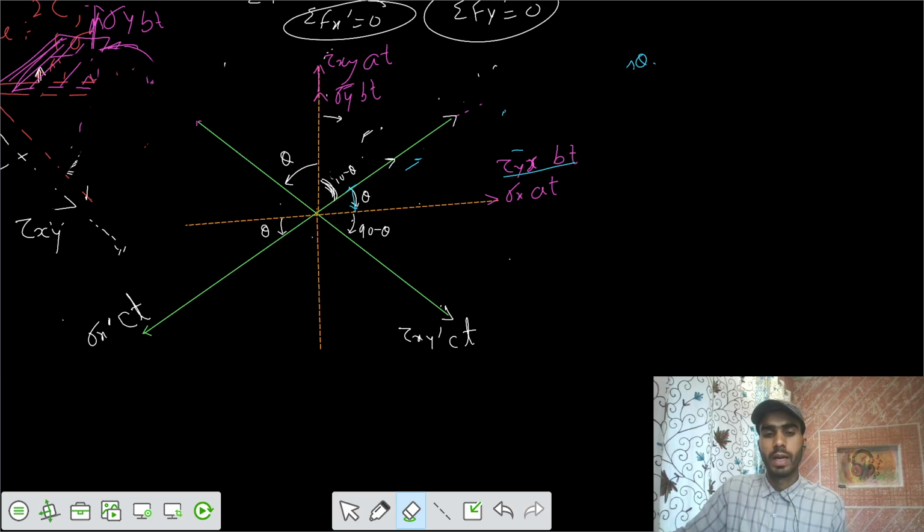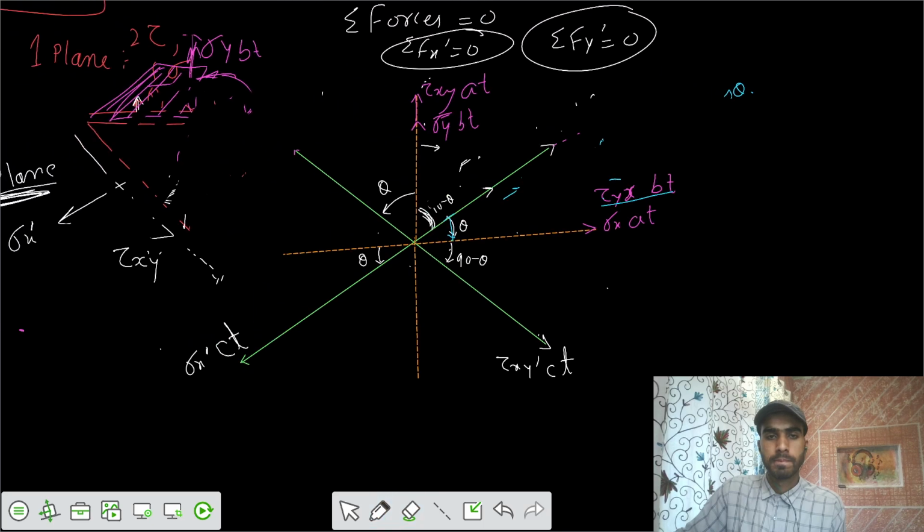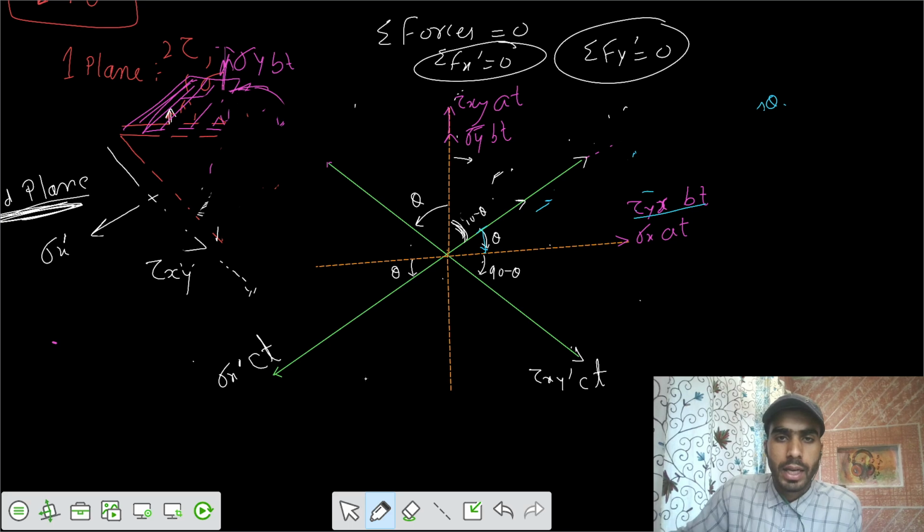Let's wait for a while. See, you have tau xy acting, so you have to get its effect on a particular value of theta. On a particular plane, you resolve that.